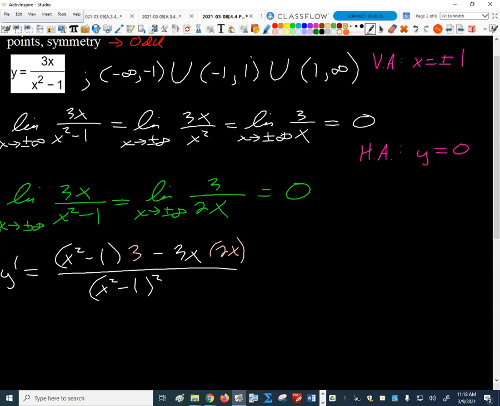Okay, and we can simplify that. Anything I can do there that's handy? Well, yeah, there is. If I distribute the 3, I get 3x squared minus 3 minus 6x squared. So I end up with minus 3x squared minus 3. Is that right? I think it is.